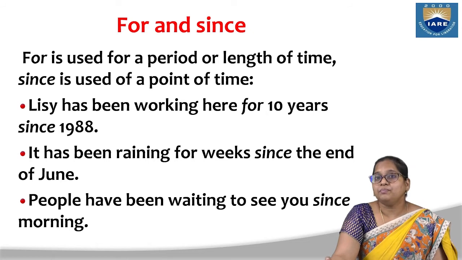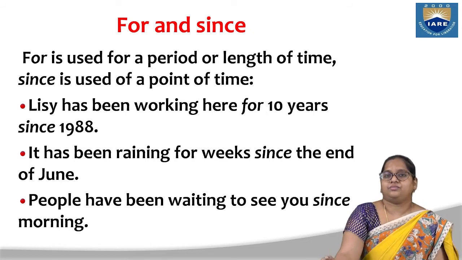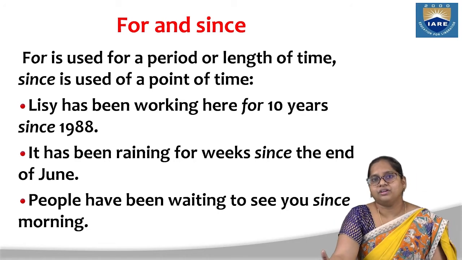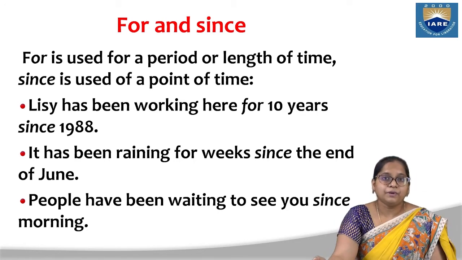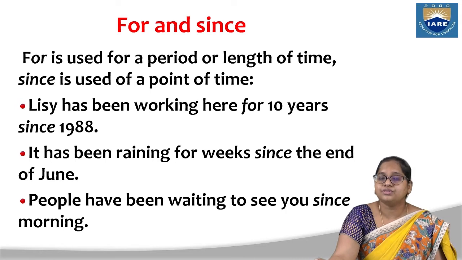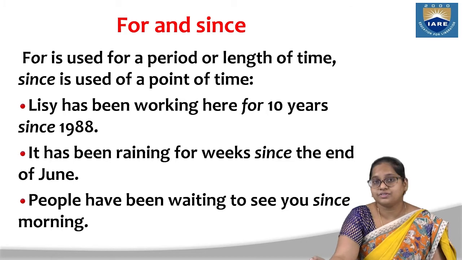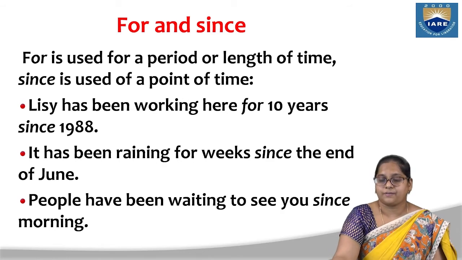So that is why the preposition since is used. Next, the third example: people have been waiting to see you since morning. That means a definite point of time. It's not afternoon, it's not evening, but since morning. That is when you are going to use the prepositions for and since.